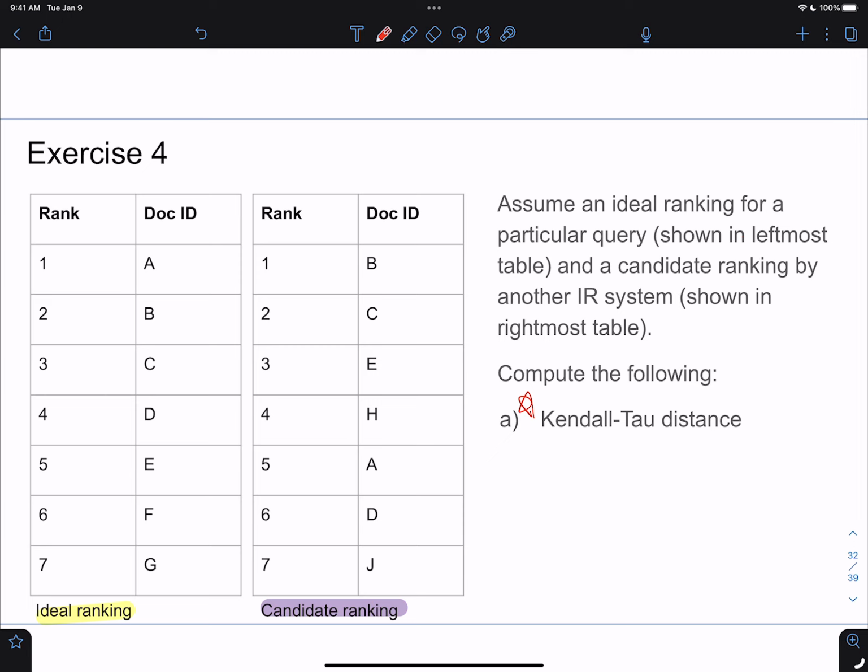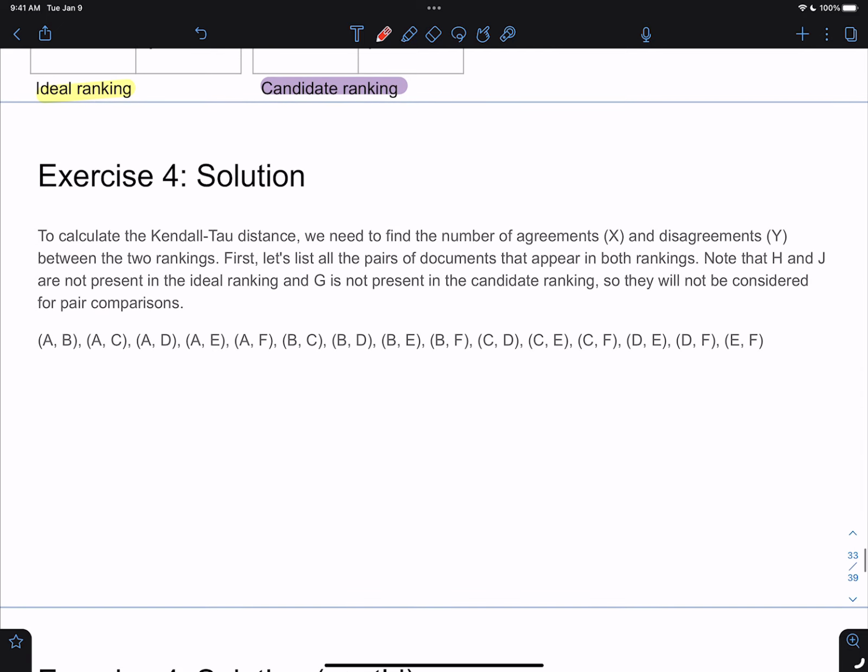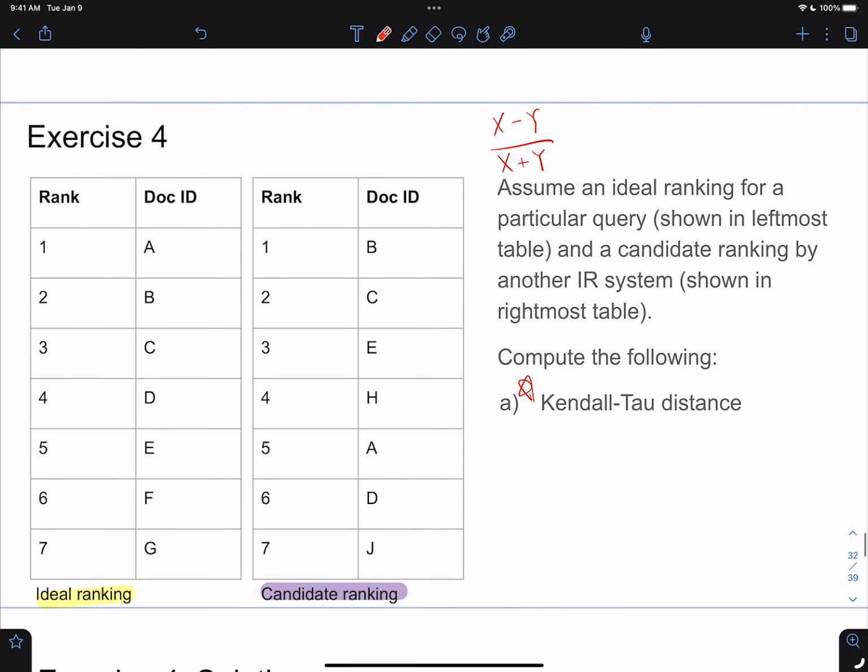As a reminder, Kendall tau distance is the agreements minus the disagreements over the agreements plus the disagreements, right? And in order to do this, you're going to have to find the pairs for each. So once again, try to solve this without looking at the solution. And if you have any questions, please just put them on Piazza. But otherwise, I'm just going to be moving on to the solution.